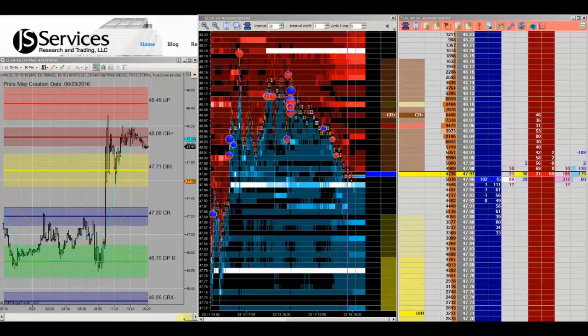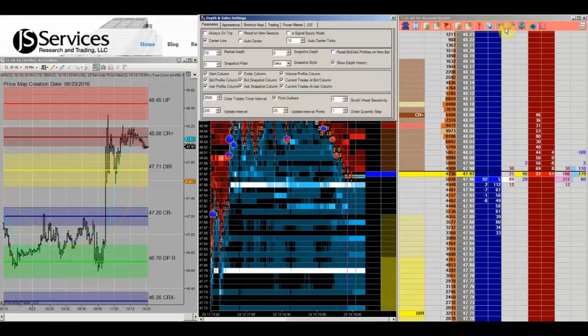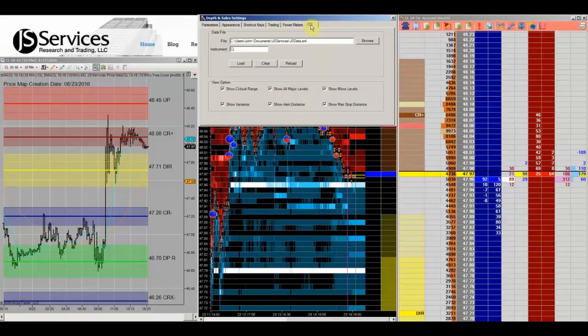We do have some new integration with JIGSAW. To access it, you hit your settings, go to the JS tab, and through the desktop it will create a JS data file in this directory. The instrument symbols are linked to the platform.